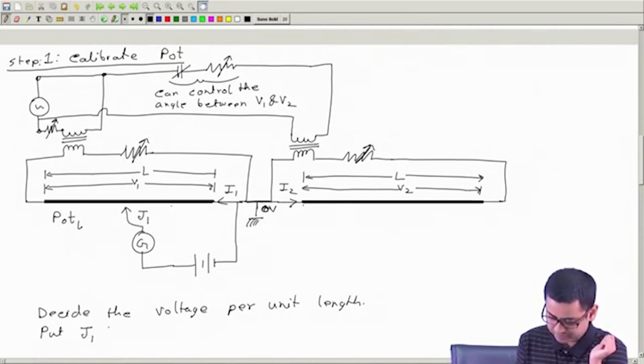jockey J1 at a length, from the right side.